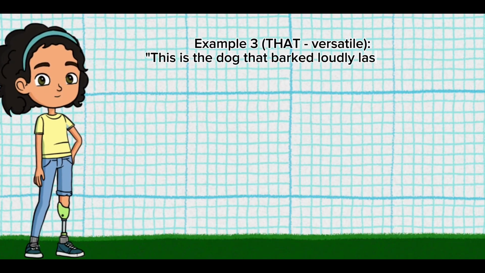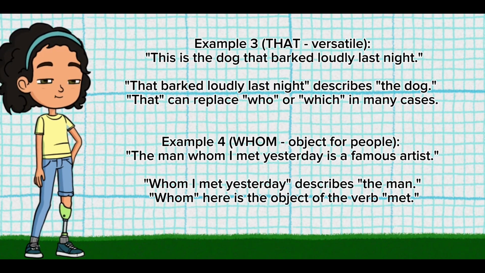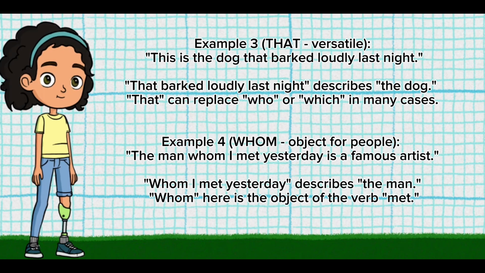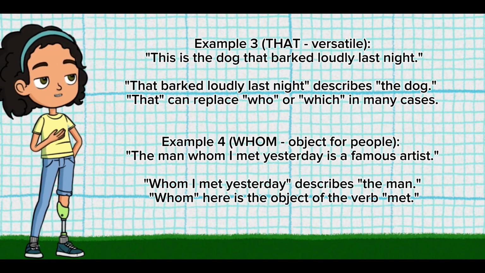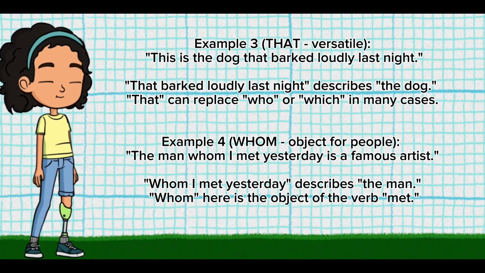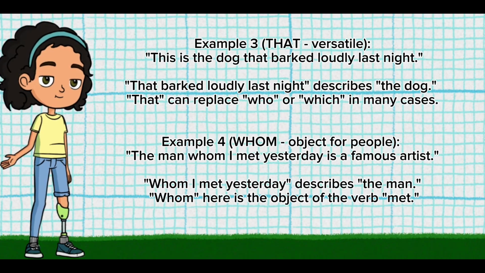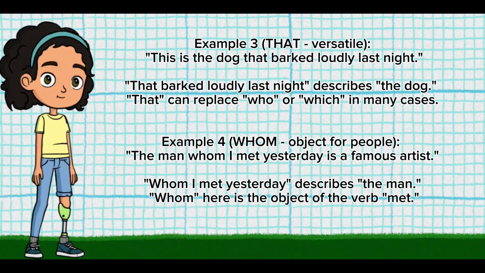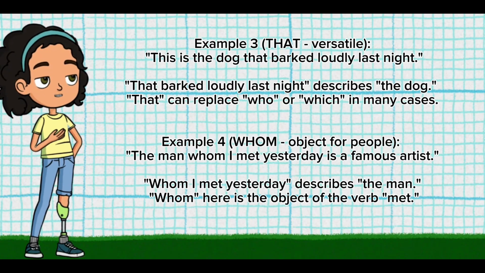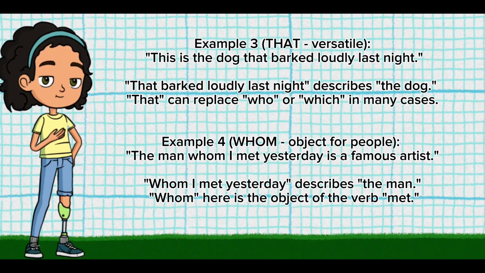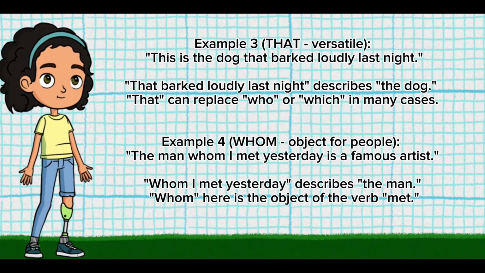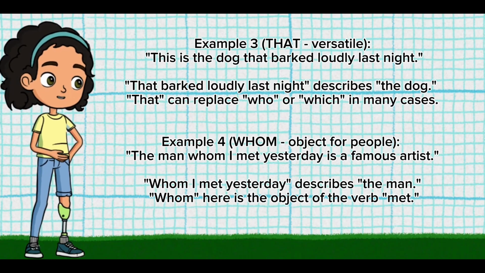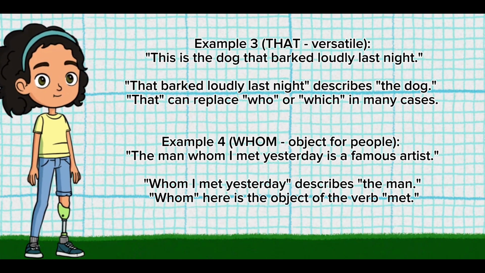And the next example, we use that. The sentence: This is the dog that barked loudly last night. That barked loudly last night describes the dog. That can replace who or which in many cases.